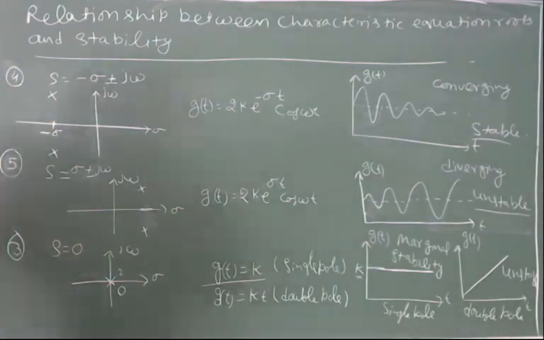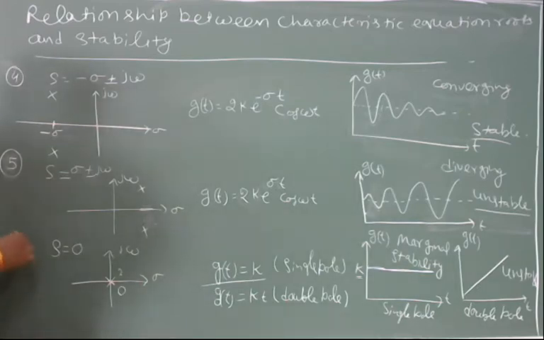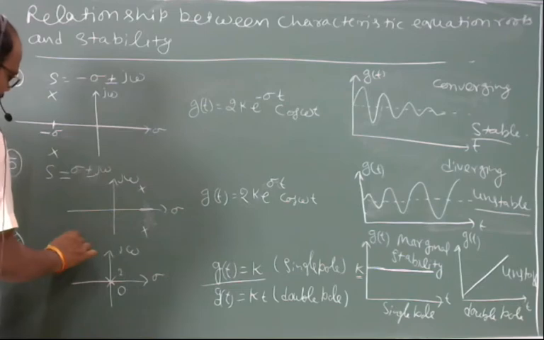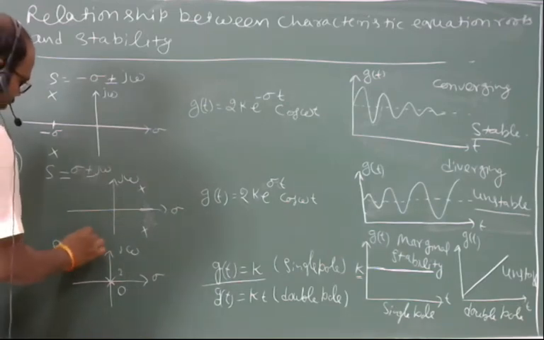Next, sixth case: a complex pole at the origin, meaning imaginary poles are there, plus minus j omega.